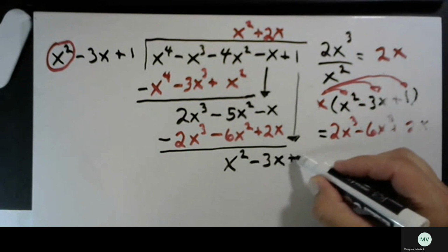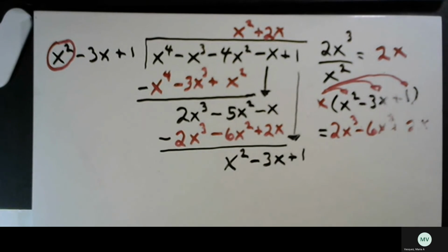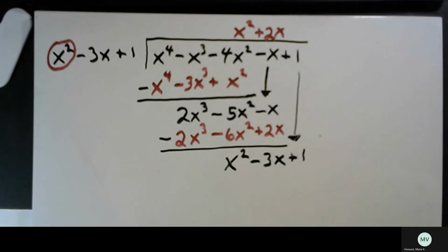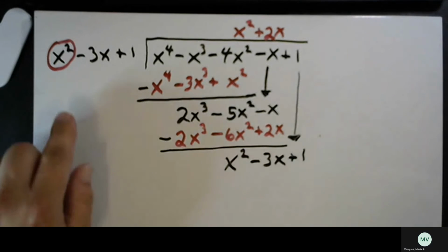Bring down the plus 1, and then that's it for the second cycle of division. Any questions about that? No, not yet. So this is going to be the last cycle.